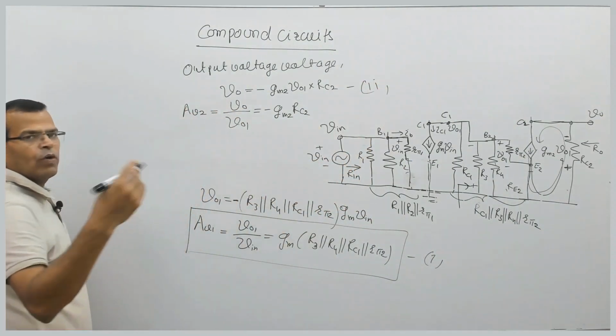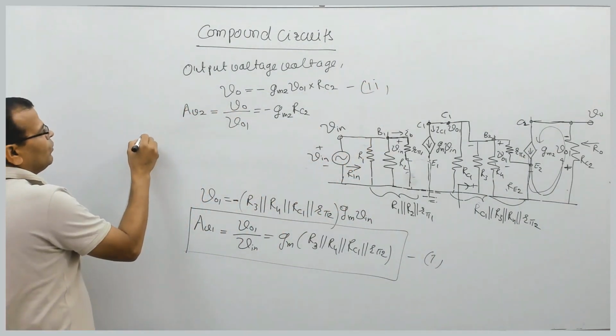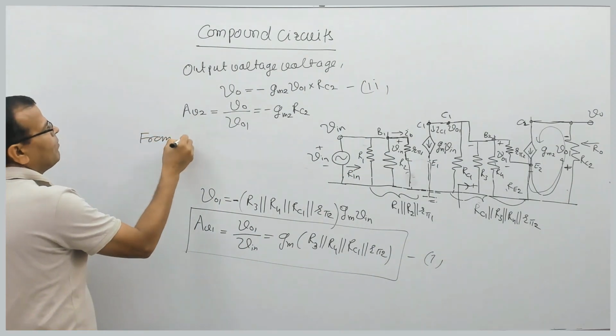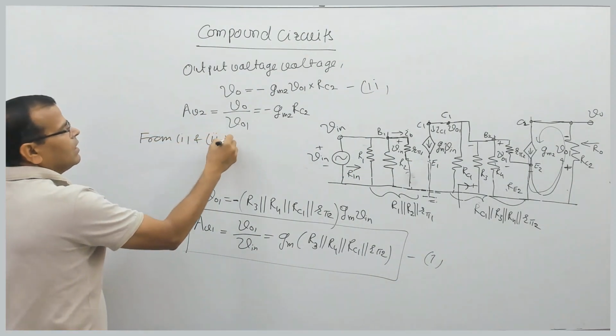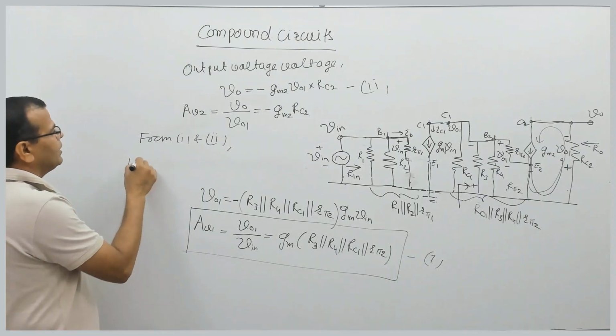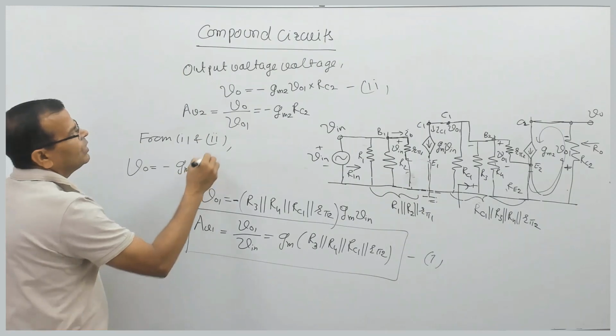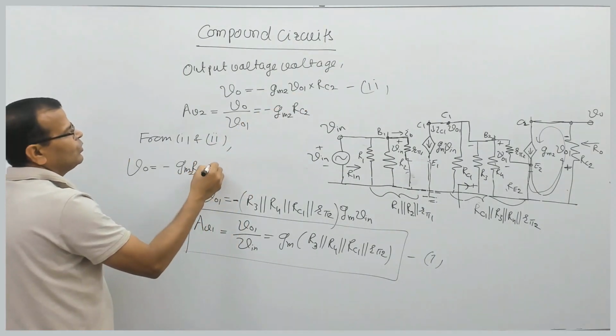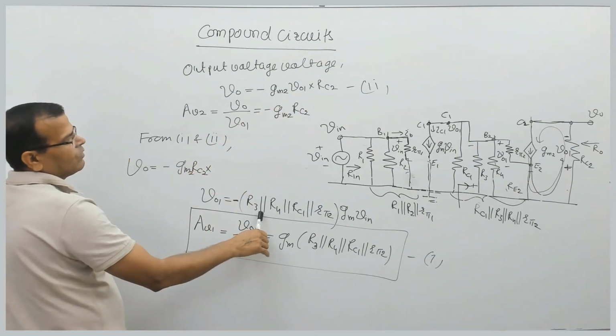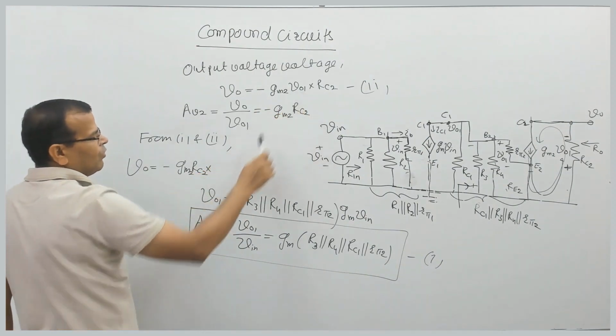So to find the overall voltage gain, what do we have? From first and second, the output voltage of the circuit V0 will be equal to minus GM2 RC2 multiplied by this. Why? Because I have to replace V01 by this.